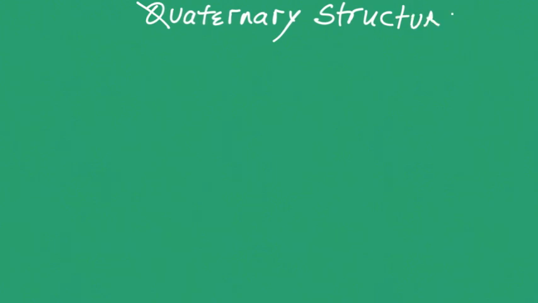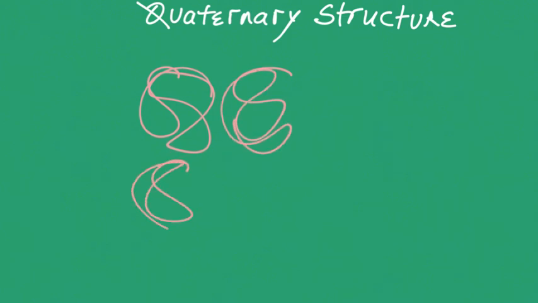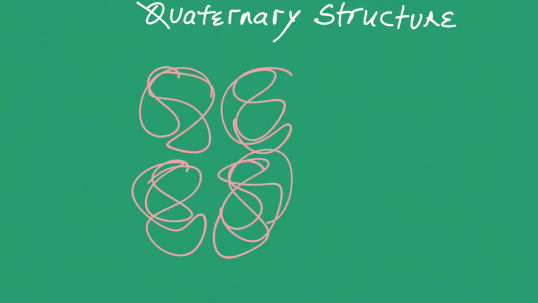Now we'll look at the quaternary structure, which is basically two or more polypeptide chains connected to each other by weak bonds. So here we have 4 polypeptide chains, and these are connected by H bonds and R interactions. A very good example of the quaternary structure is hemoglobin.